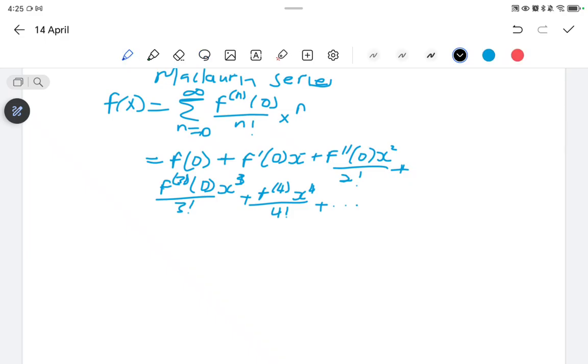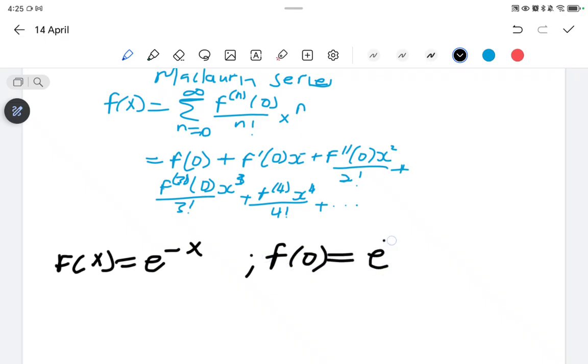So with f of 0, I'll start with f of x equals e to the minus x, and f of 0 will be e to the minus 0, which is equal to 1. Then we have f prime of x, which is equal to minus e to the minus x.